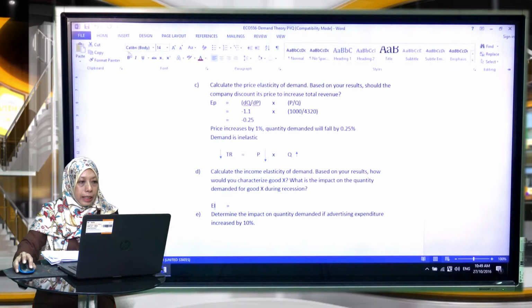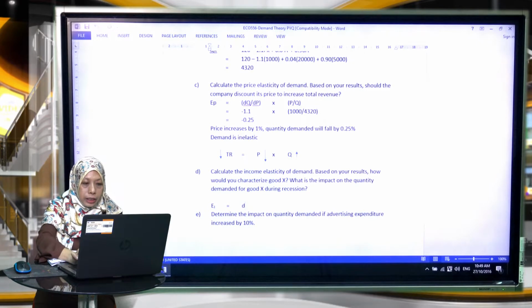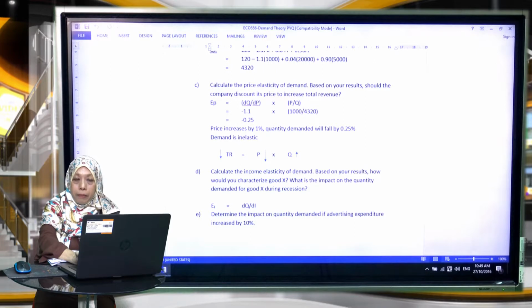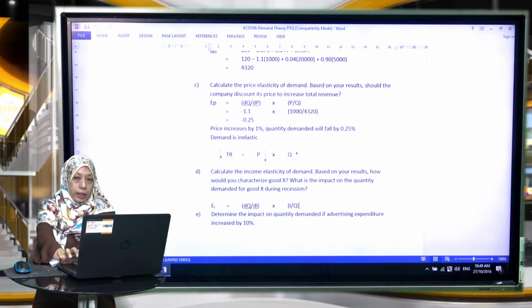So the point elasticity formula says that you need to differentiate your demand function with respect to income, and then multiply by the value of current income, divided by the value of quantity.